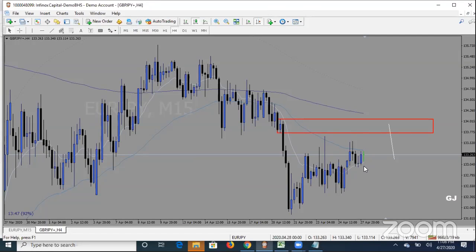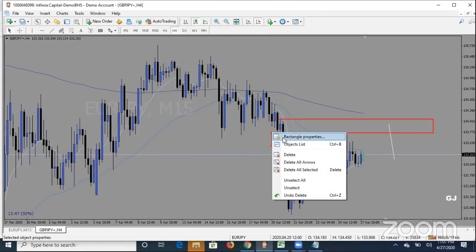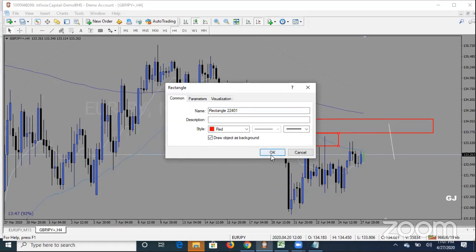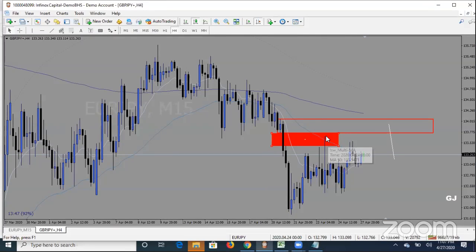As far as I'm concerned, price might still want to cover up the gap. There is a fair value gap between this point and this, and it hasn't been properly filled. This candle didn't really fill it up.